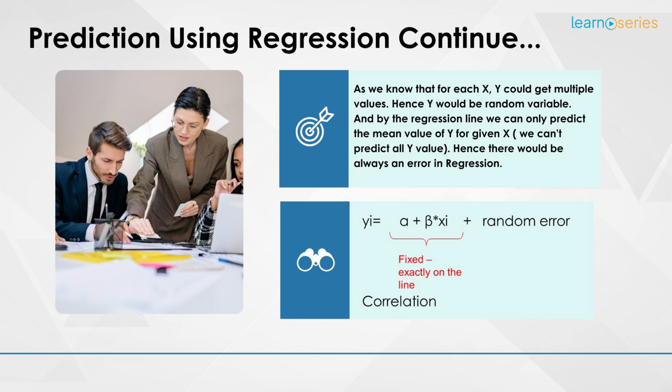So, why does this error term come? Because the actual value will always be there, and what you predict will never be exactly equal to the actual y.